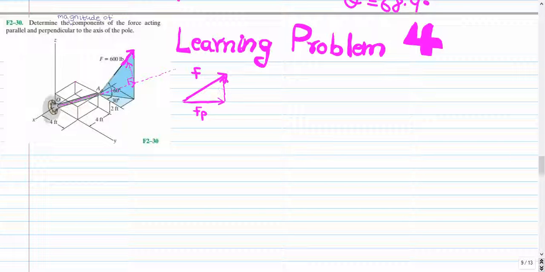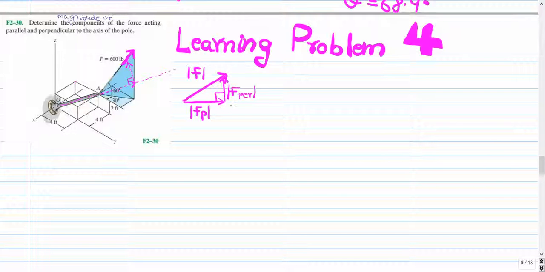Let's call this component F per. And they want us to find the magnitude. So let's put the lines of magnitude here. These lines are just to denote that what we are finding is not a vector but just the magnitude of the vector.